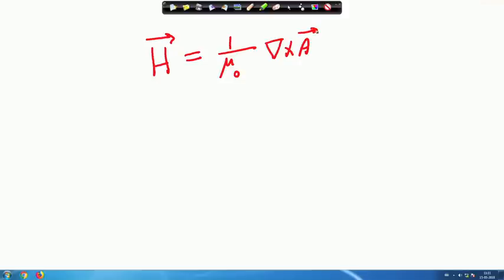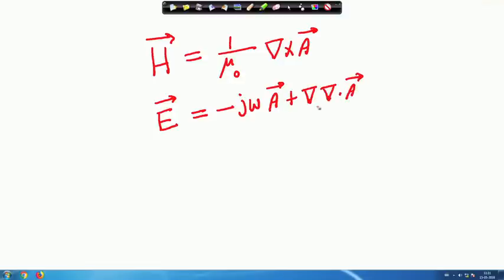So, if we do that, we know A, so we will be able to find H, and we know what E is. If we put this solution into the Maxwell's equation, you get E equal to minus j omega A plus del del dot A by j omega mu epsilon.